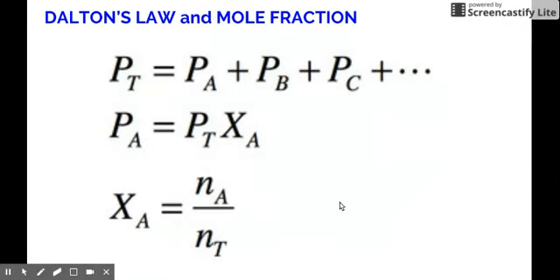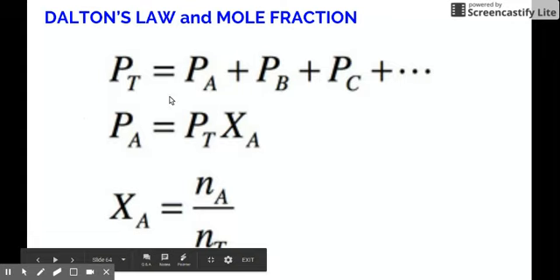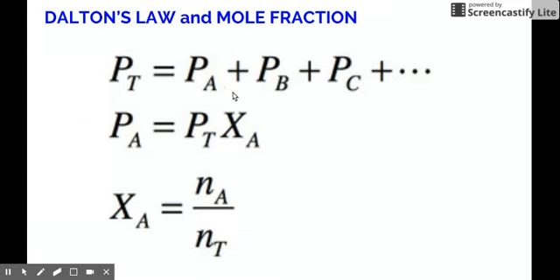So in summary for Dalton's law, again, the total pressure of the gas mixture is equal to the sum of the individual pressures of each gas component in one mixture, or to get the partial pressure of each gas, you can just use total pressure times the mole fraction of that gas.